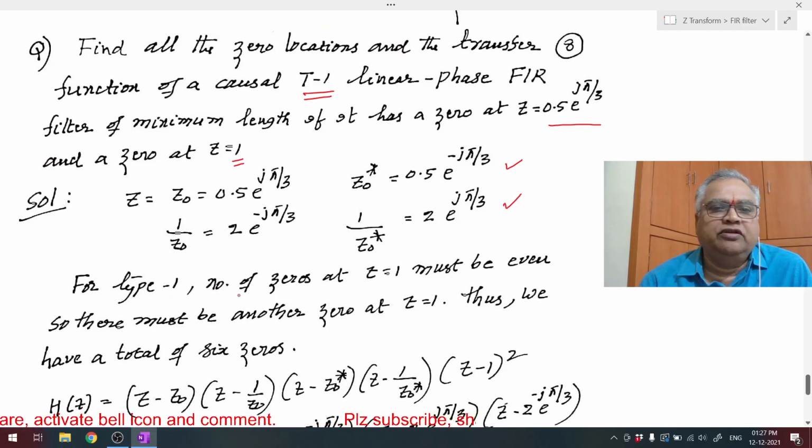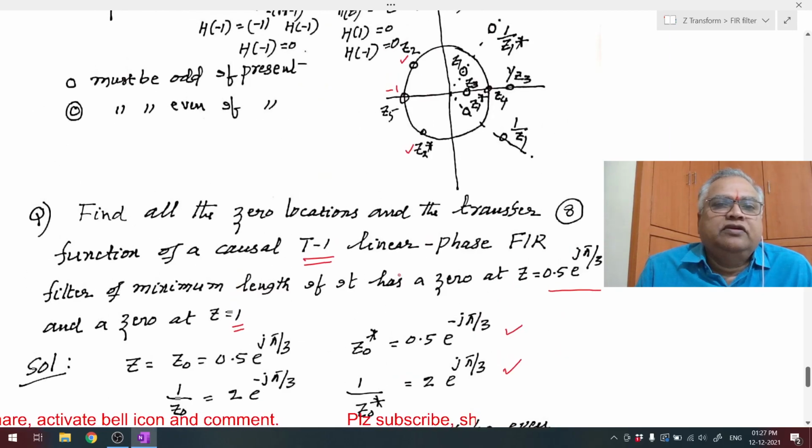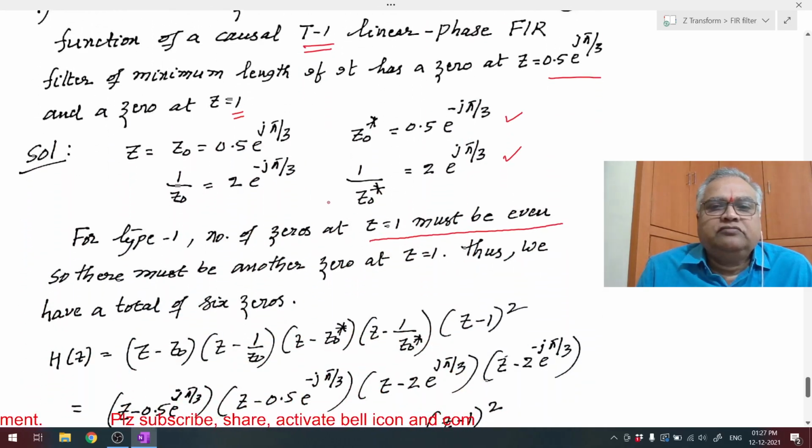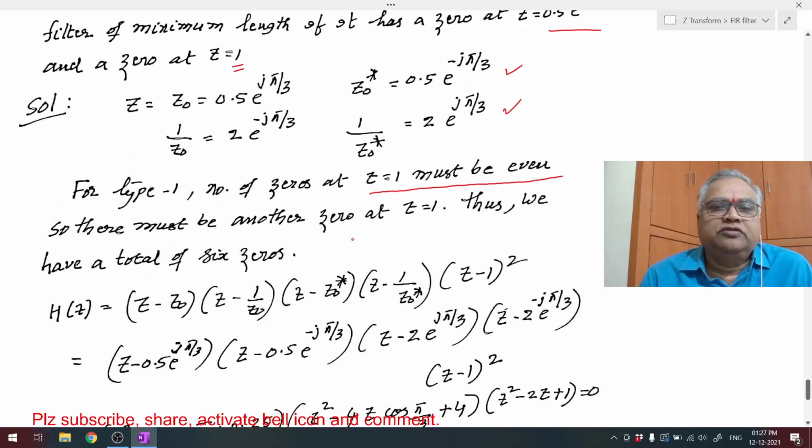For a type 1, number of zeros at z equal to 1 must be even. So there must be another 0 at z equal to 1.